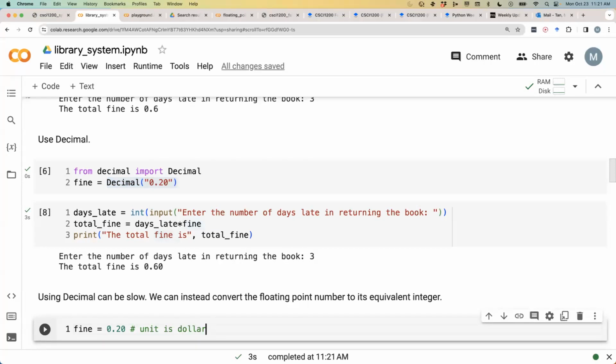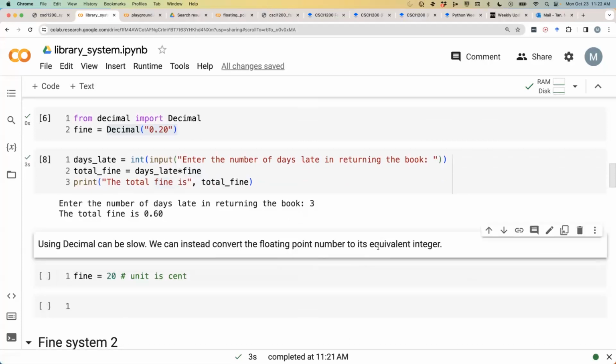Okay, so 0.2 is equivalent to 20 cents. So instead of writing it as a floating point number, we can change the unit to cent. Okay, so in cents, fine will be 20 cents. Right, so instead of 0.2 as dollar, which represents 20 cents, we write fine as 20, where the unit now is cent. So now fine is an integer.